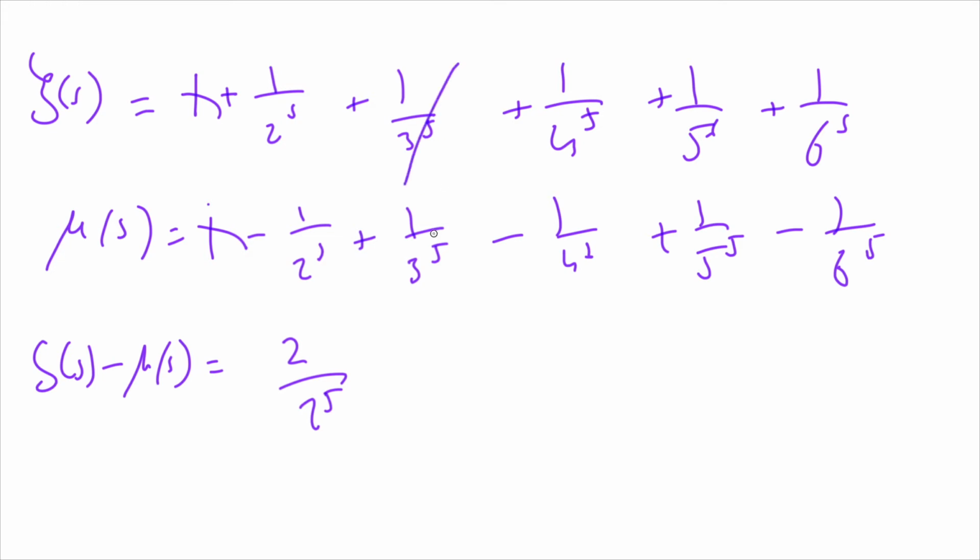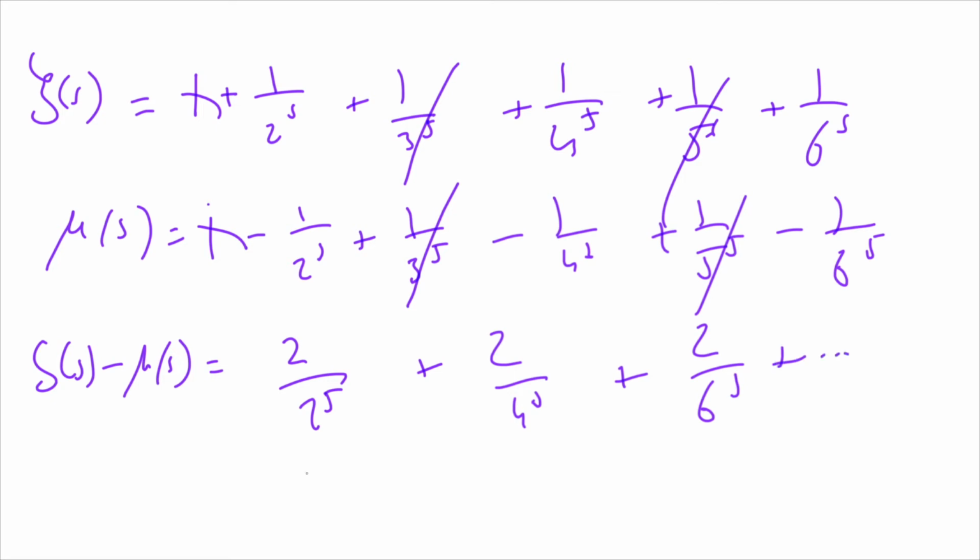This cancels, this becomes 2 over 4 to the s, this cancels, the other one becomes 2 over 6 to the s, and so on. And you can see that there's a constant factor 2, so 2 times 1 over 2 to the s plus 1 over 4 to the s plus 1 over 6 to the s.